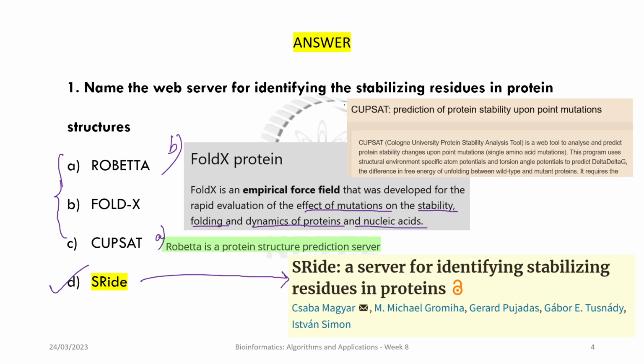The question here is identifying the stabilizing residues, which is directly coming from option D. And option C is CUPSAT, a web tool to analyze and predict protein stability changes upon point mutations. So as you all said, the answer is D.